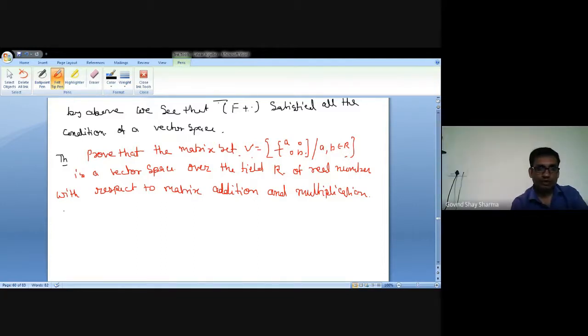We take some points to prove. First we have to show that V is closed for addition and multiplication.